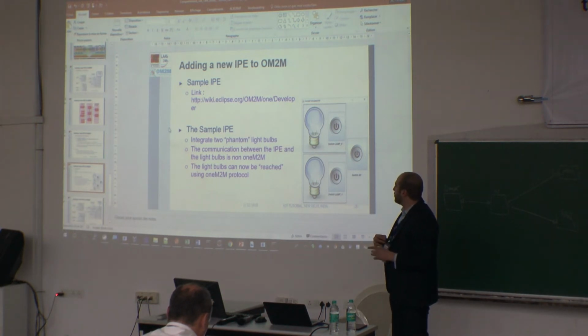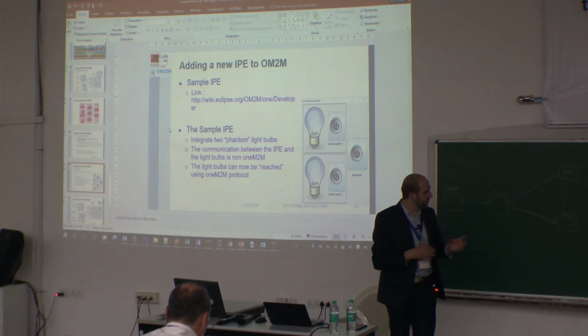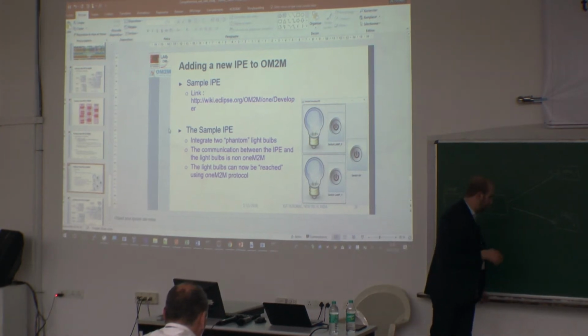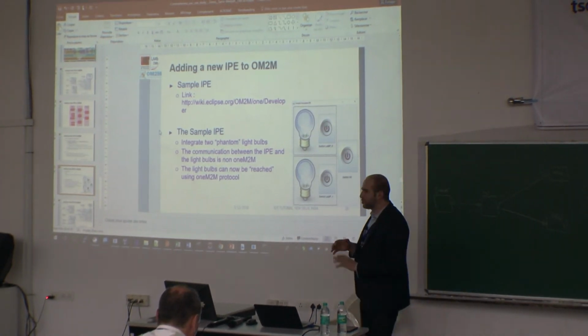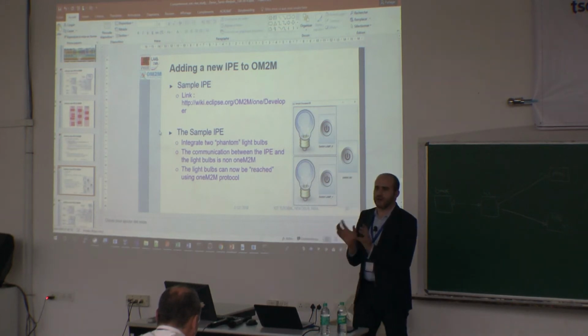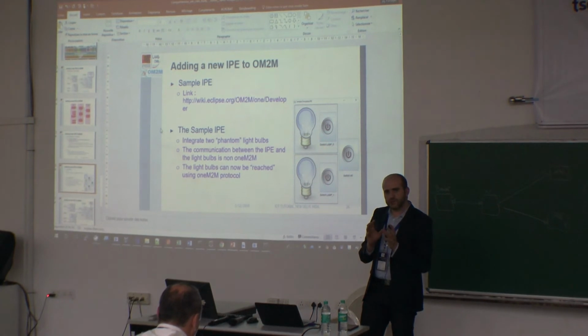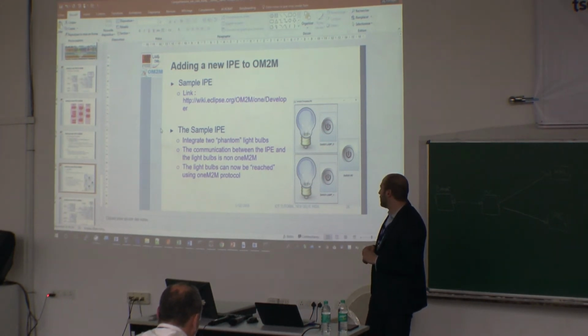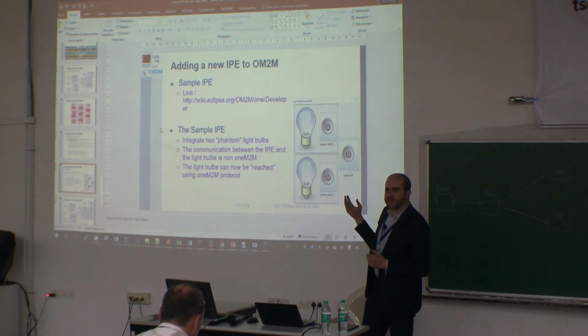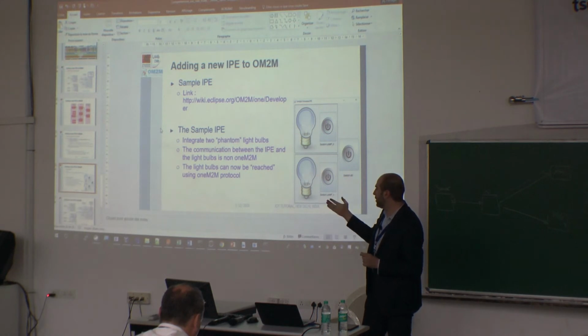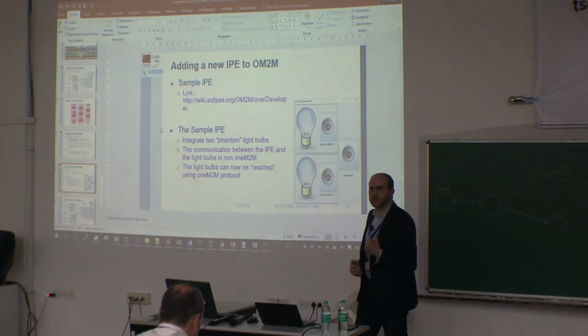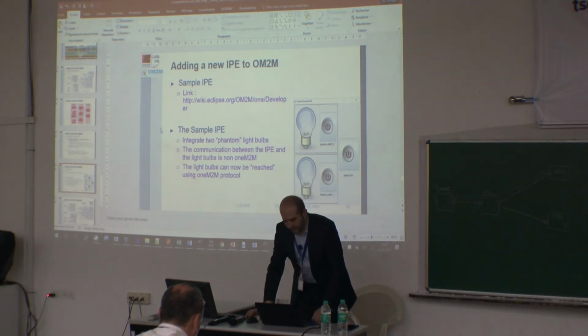The communication between your IPE and the two light bulbs is non-oneM2M. Well, they are located in the same program, so there is no protocol, but what we need to keep in mind is the non-oneM2M interface. And we are going to show how these two virtual light bulbs are being reached outside using the oneM2M interface.